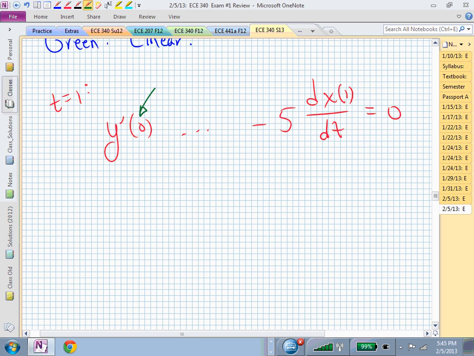I think you're making it too hard. So just draw the line and say, okay, now I have an output at time t equal minus 1. Does that depend on anything in the future relative to t equal minus 1? And in that case, it would. If you plugged in t equal to 0, then you would have y prime of minus 1 and some other terms, but now you would have minus 5 dx of 0 dt equaling 0.